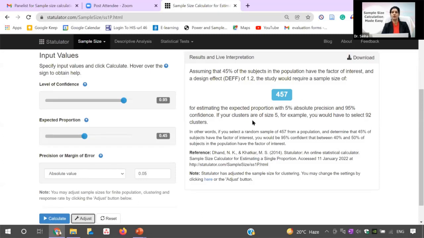And then again, it gives you a cluster size also. This assumes a cluster size of 5 with 92 clusters. But this is again author discretion, the number of clusters and the cluster size in each cluster.